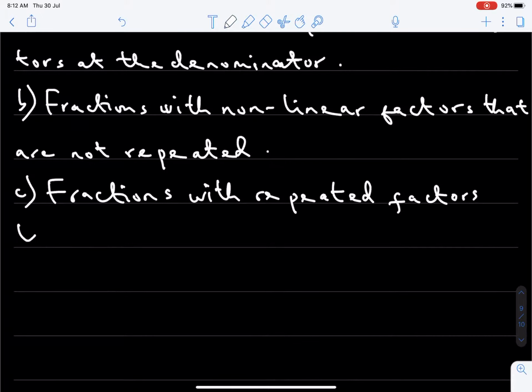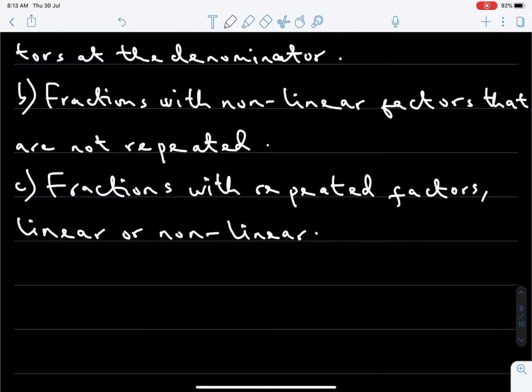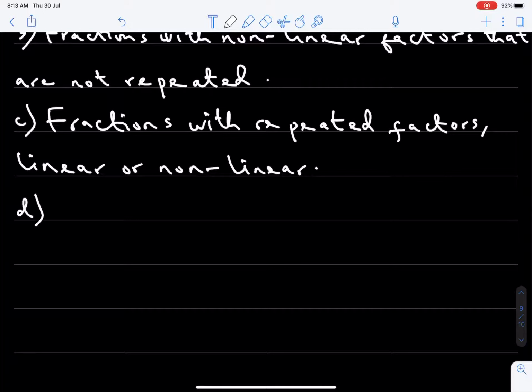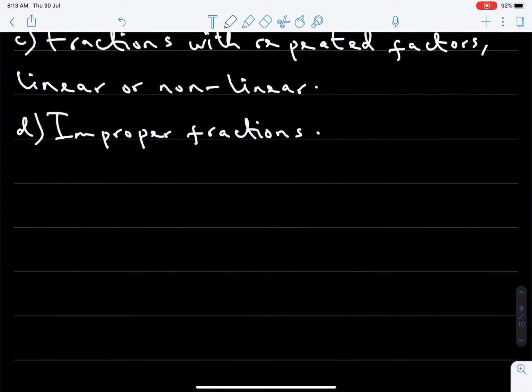Here the factors at the denominator are repeated factors, and they could be linear or non-linear factors. Now to the last one, improper fractions. So I'm going to start with the first.